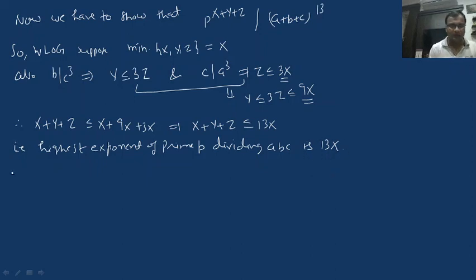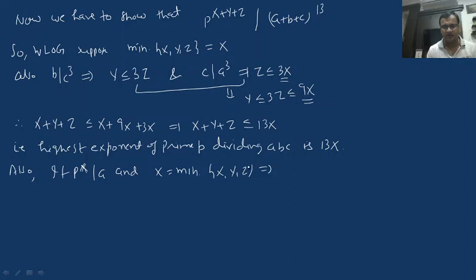Okay, also, if P to the power X divides A, and X is actually the minimum among X, Y and Z, this will imply P to the power X also divides B and C. And if P to the power X divides all of A, B and C, it definitely divides their sum.